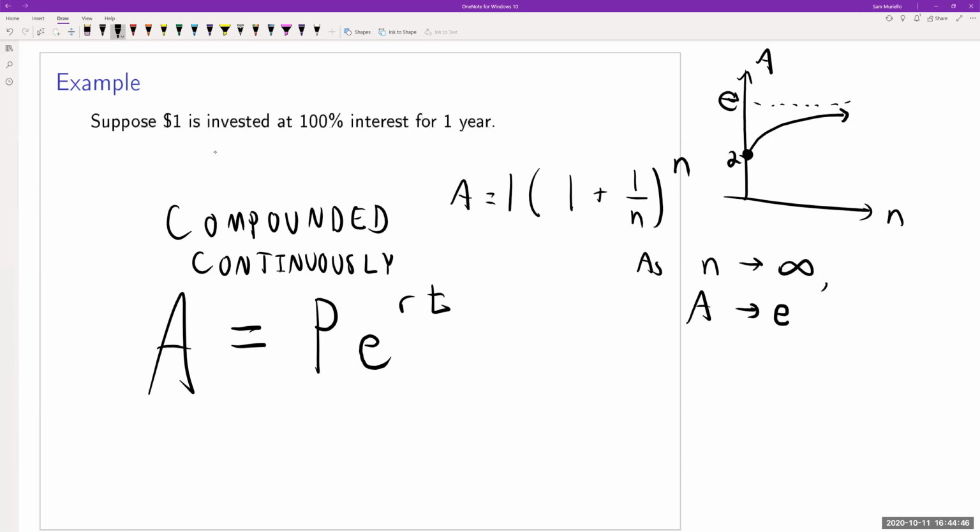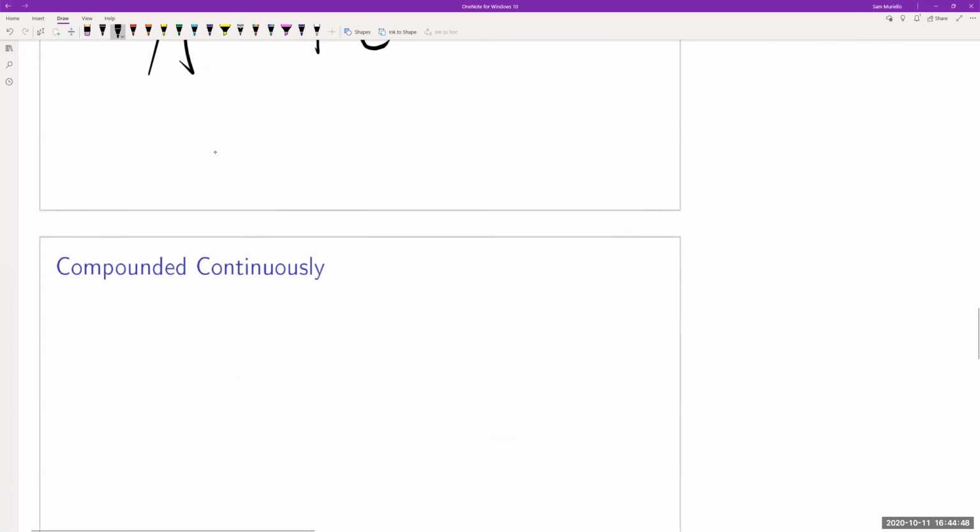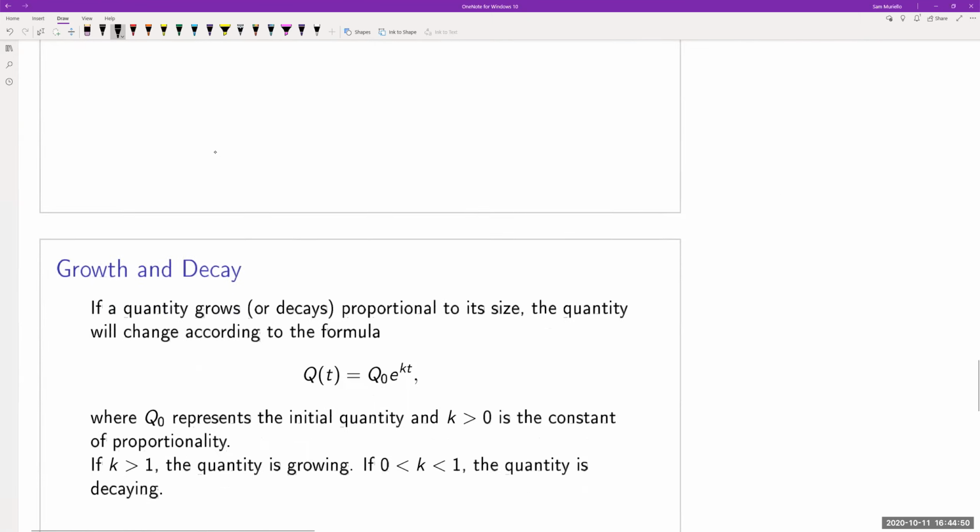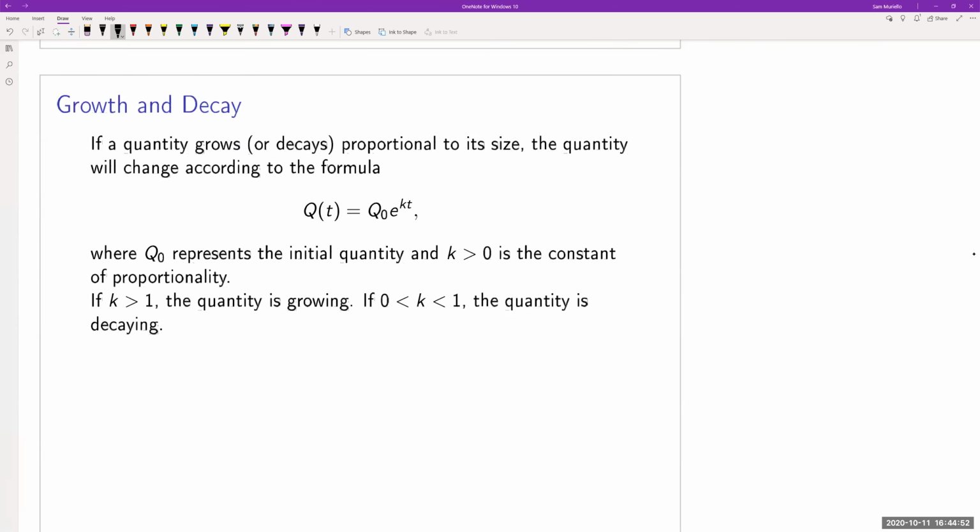Now, with all that in mind, let's shift gears and move on to growth and decay. Because this is going to be something else, and we'll see that e is coming into play again. I'm not going to go through as in-depth an example of why we care about e, but just keep in mind that e ends up being an important number here.